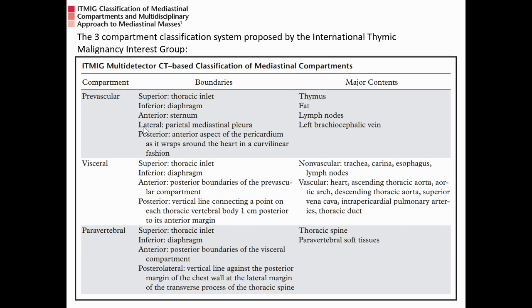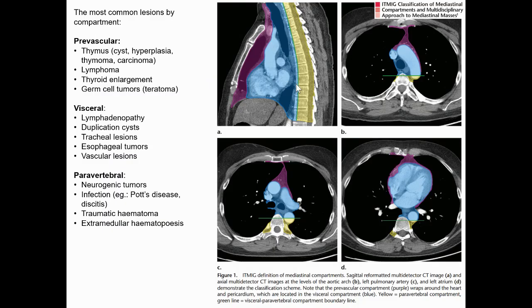Now, this is the latest classification of the mediastinum, which divides the mediastinum into 3 different compartments. I'm going to jump back and forth between this slide and the next one. So first of all, here is the prevascular compartment indicated by this purple area. The upper border is the thoracic inlet, the lower border is the diaphragm.